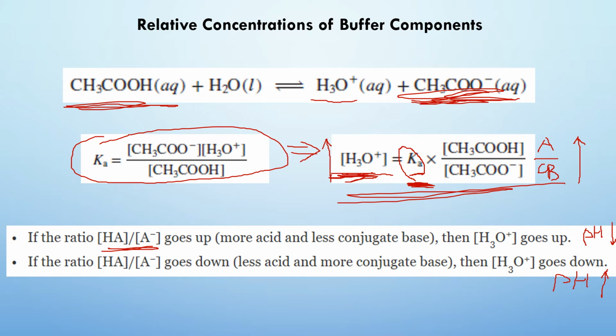It's not the only important thing, but it's one of the most important concepts regarding preparing a buffer. Because you are adding this acid and the salt, which has this common ion, you can determine the relative ratio, and the relative ratio will determine the final pH of the buffer.